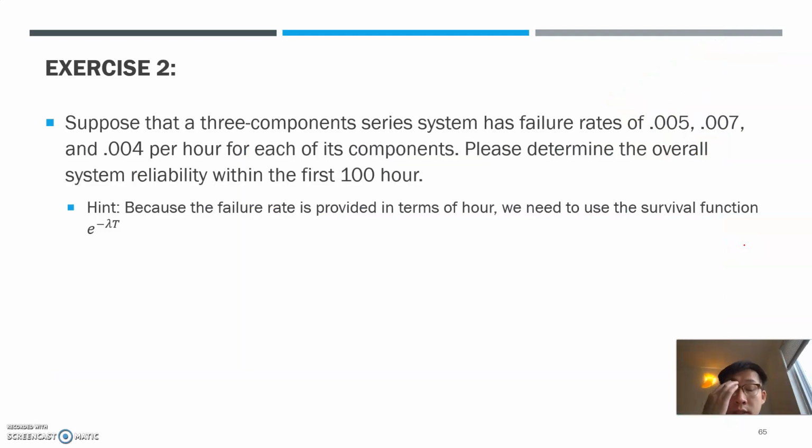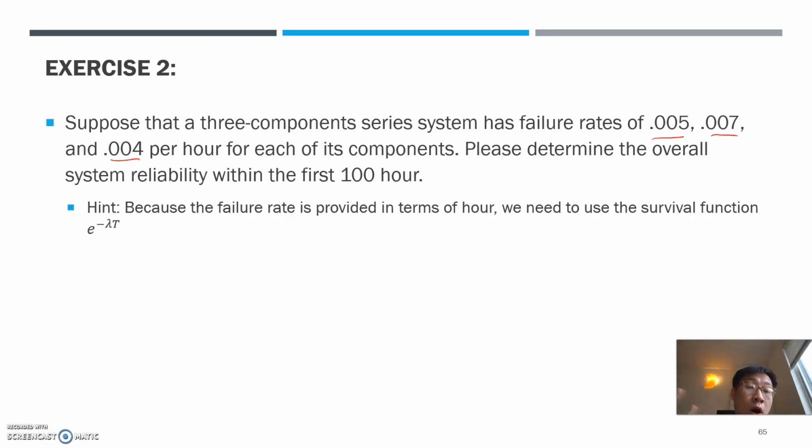Okay? Next one sort of involves the exponential failure rate. Okay, so suppose that a 3-component series system has failure rates of this, and this, per hour for each of its components. Please determine the overall system reliability within the first 100 hours.